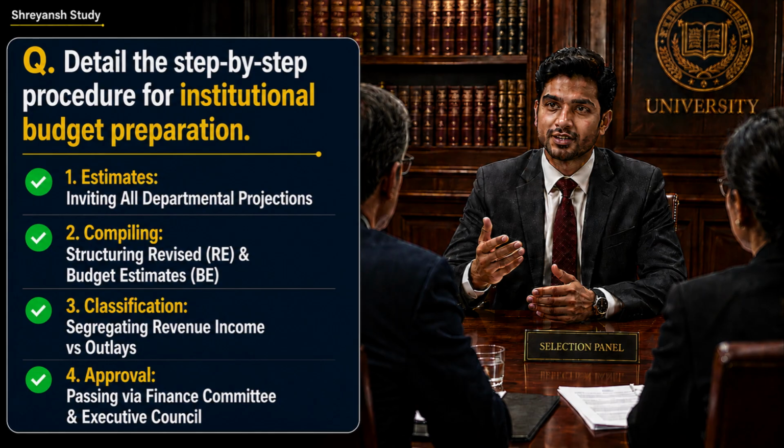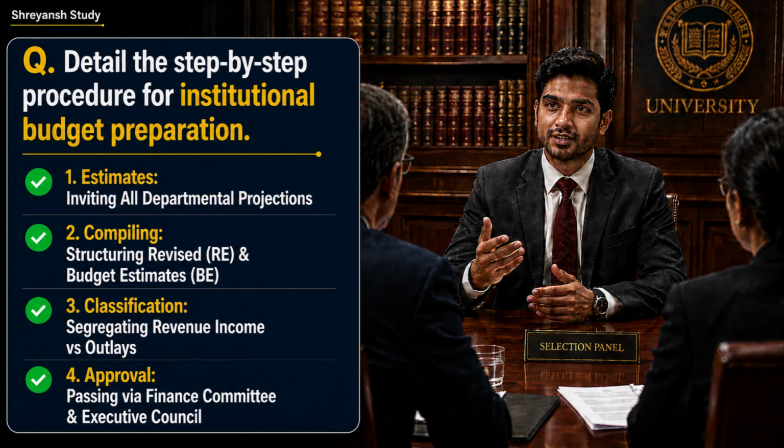Sir, annual budget preparation is a systematic process governed by the university's finance officer. The steps include: 1. Formulating estimates, inviting requirements from all academic departments and administrative sections. 2. Structuring components, preparing the revised estimates for the current financial year and the budget estimates for the ensuing financial year. 3.